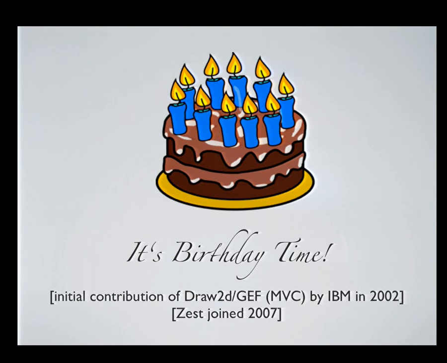There's a third component called Zest, which is for graphical visualization, which was contributed to the GEF project in 2007. That was developed in a university context in Canada beforehand and was then contributed to the Eclipse project and then finally came to GEF in 2007. But the basic code base was already there in 2002. So GEF is nearly as old as the platform itself.